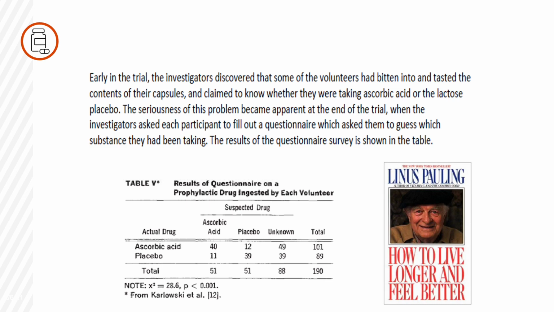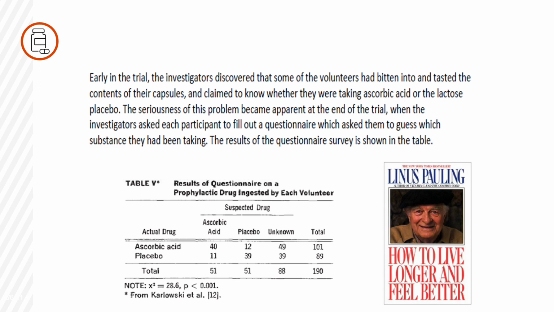Now, let's get a little bit more information. Early in the trial, the investigators discovered that some of the volunteers had bitten into and tasted the contents of their capsules and claimed to know whether they were taking ascorbic acid or lactose placebo because of this.